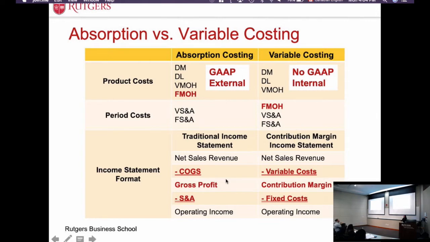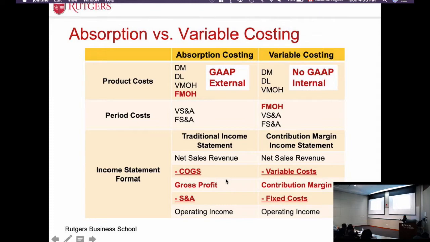The reason why managers use this version of the income statement is because they want to classify the costs into the ones they can control in the short term and the ones they cannot control in the short term. Basically, all the variable costs are controllable in the short term.